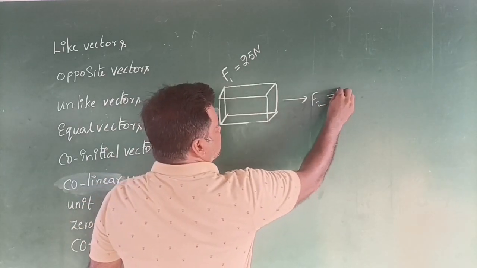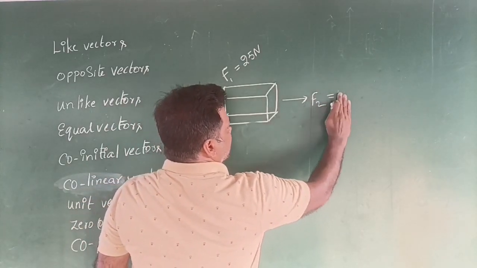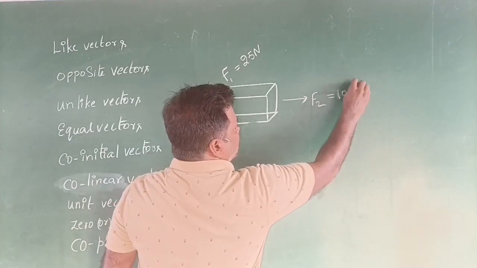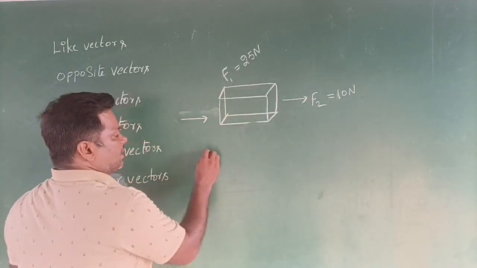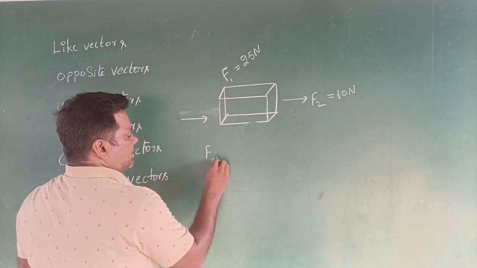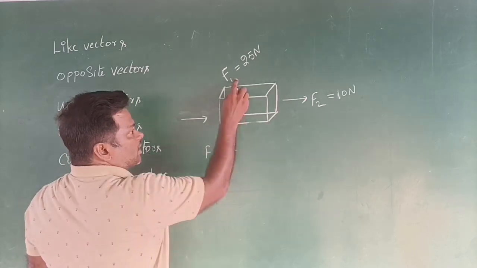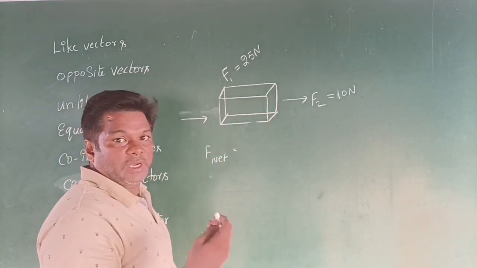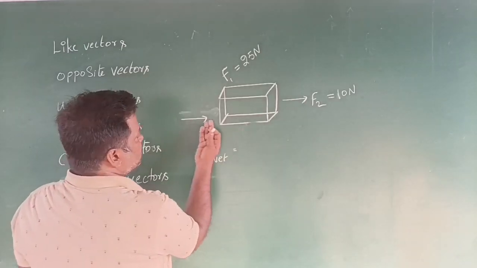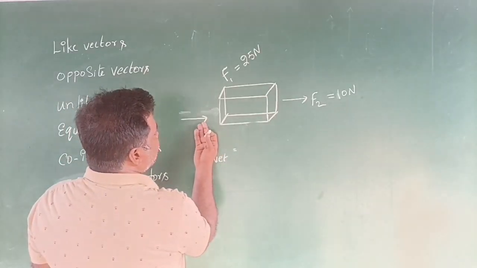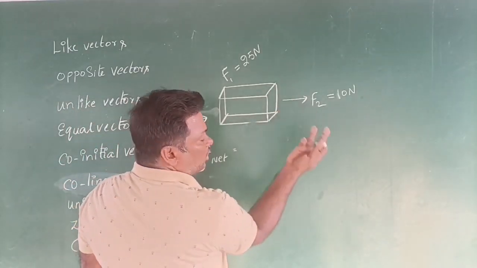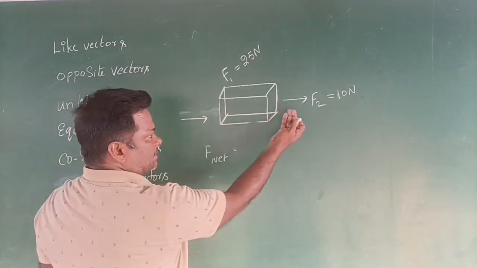F2 is equal to 10 newtons. What is the net force acting on this? You are given the magnitudes of the vectors. In which direction is it? It is along the x-axis, it is also along the x-axis.